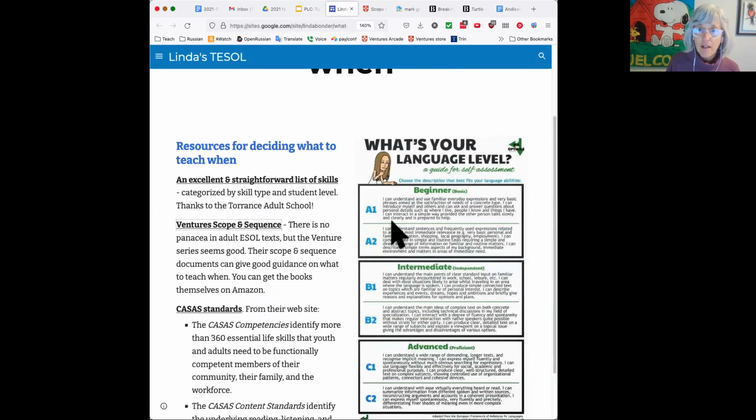That's where that link follow a guide goes. And I'll show you the Ventures scope and sequence. Basically, even if you're not going to use a book to teach, I recommend getting a book to get ideas.